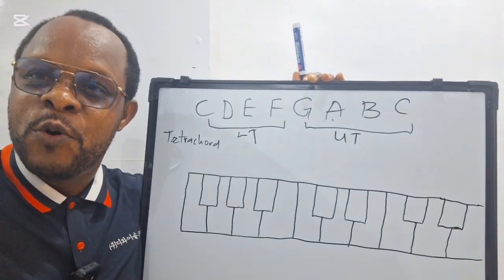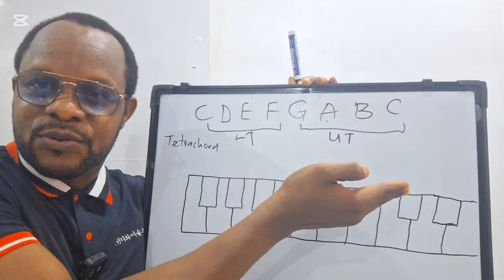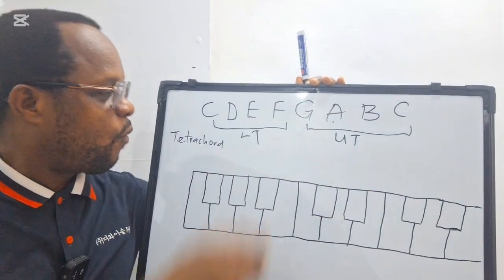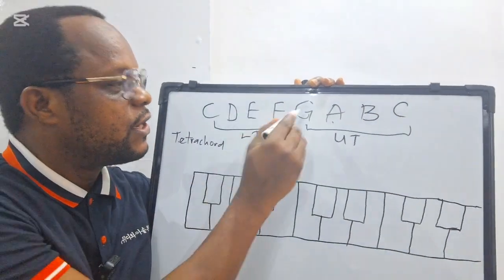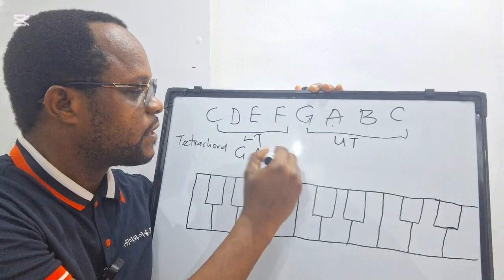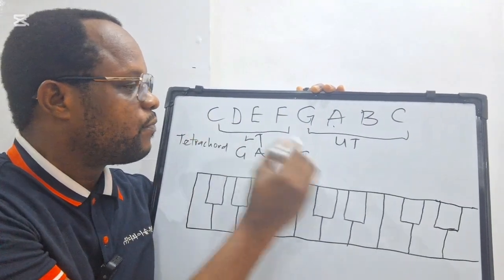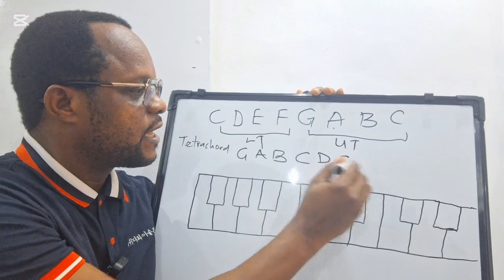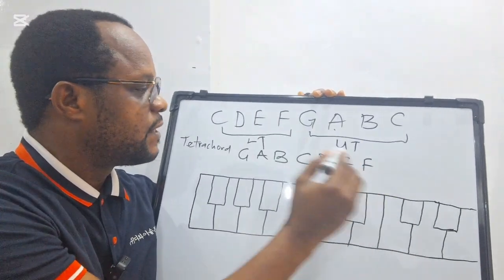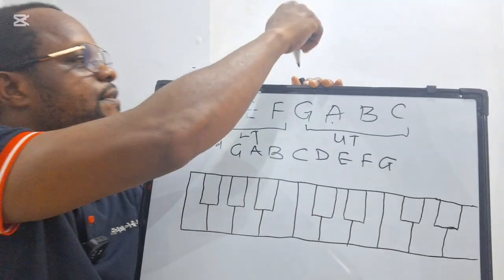To form a new major scale, you bring this one here and this other part to the other side. So what do you think we'll have? G, A, B, and C. You omit one. D, E, F, and you repeat the first, G. This is it.